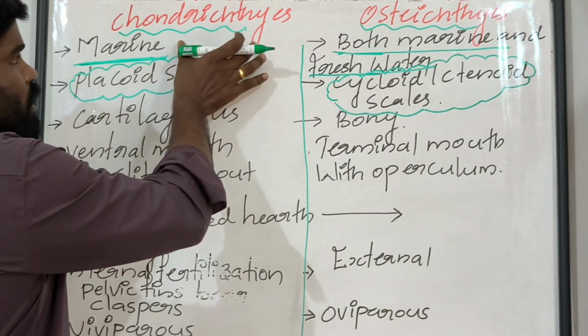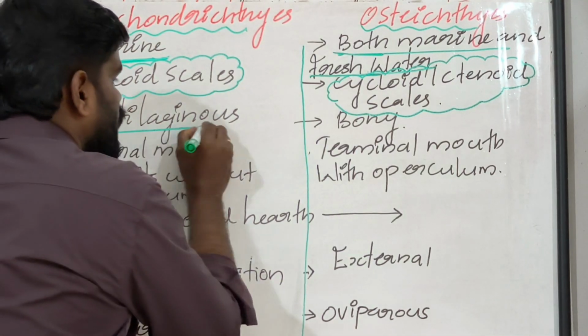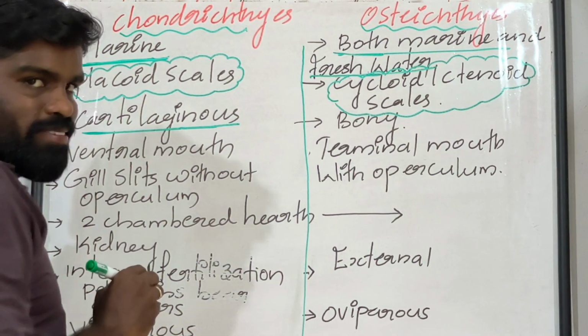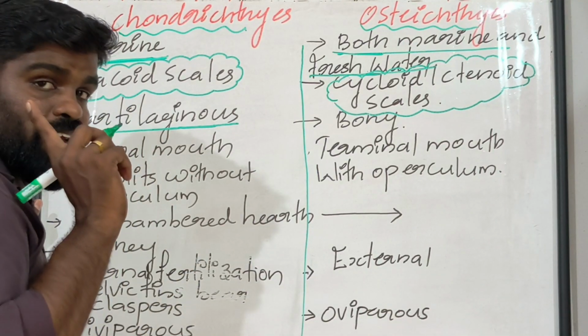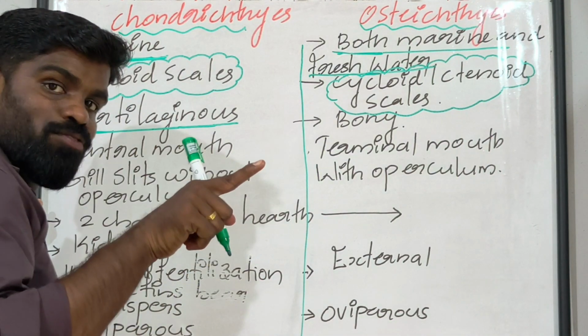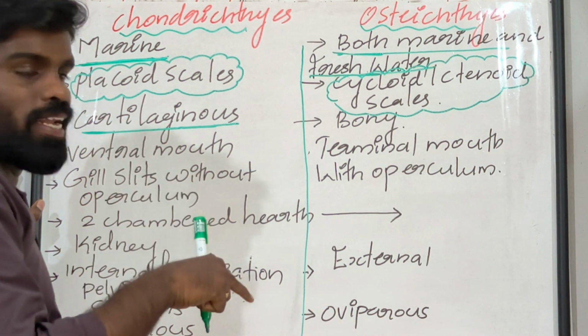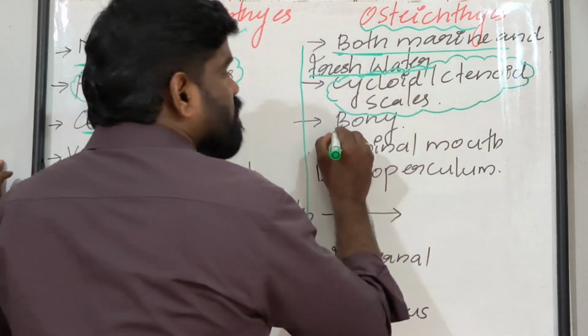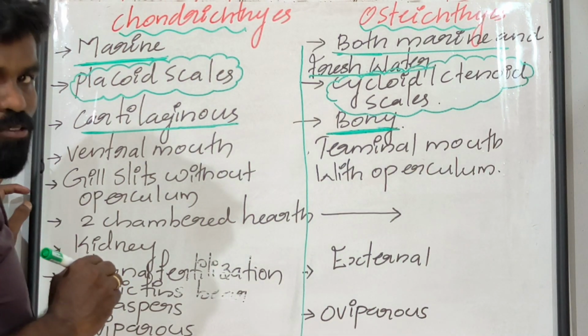Now next, in Chondrichthyes, see, they have a cartilaginous endoskeleton. Cartilaginous endoskeleton is present. So what about the case of cyclostomes? There also we discussed that the cranium and vertebral column are cartilaginous. Now in the case of Osteichthyes, they have a bony endoskeleton.